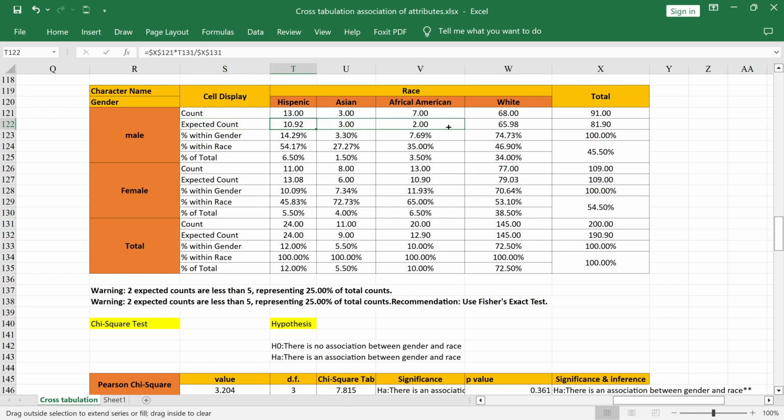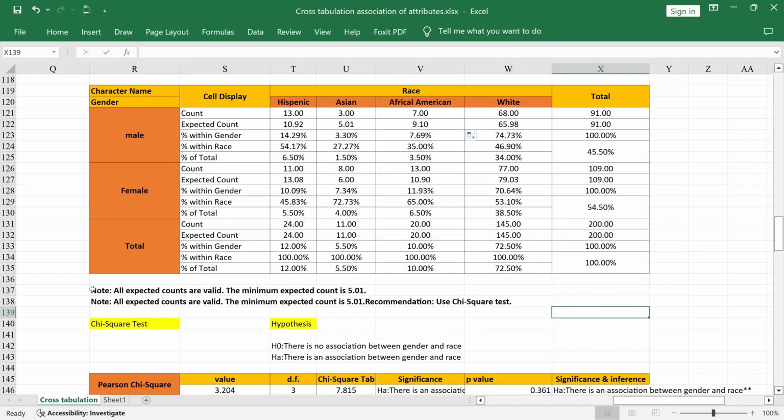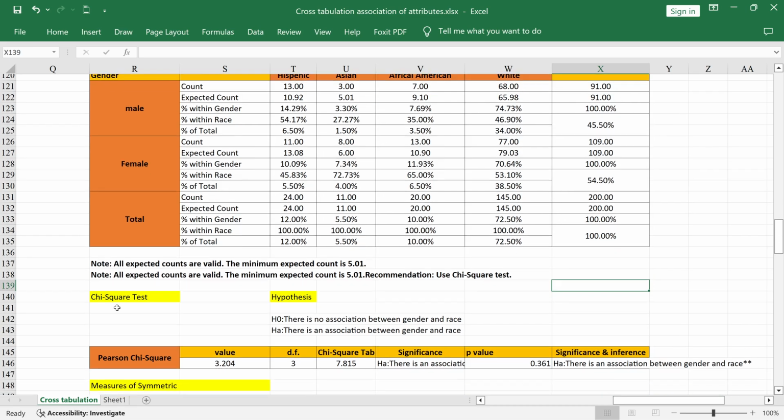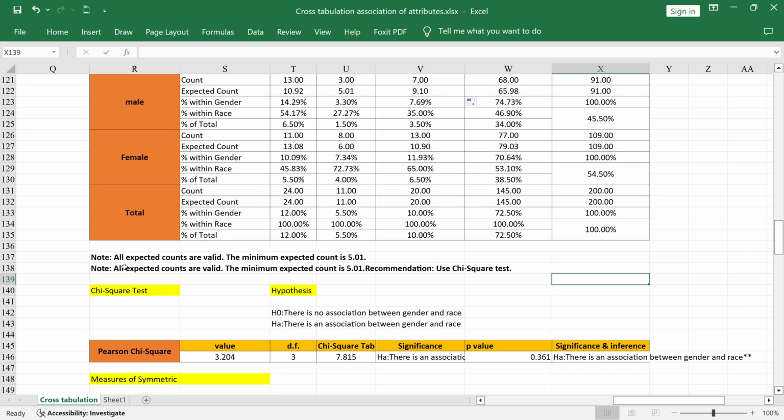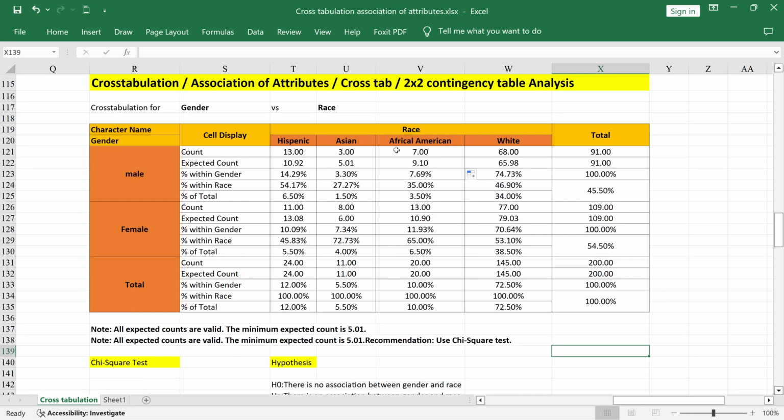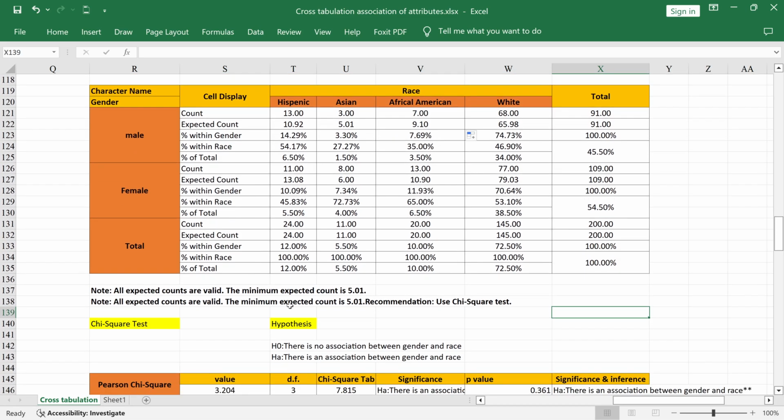I will put these two values again. You can see here, you will get a note instead of a warning. How do you get a note instead of a warning? Because in our data set there is no value below 5 or 5.01. So you will get the message that all expected counts are valid, and the minimum expected count is 5.04.